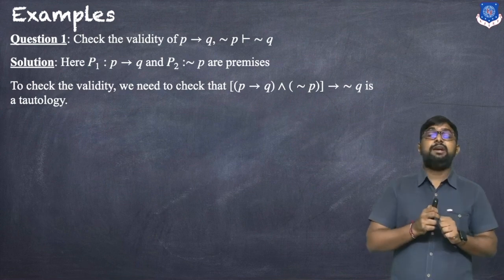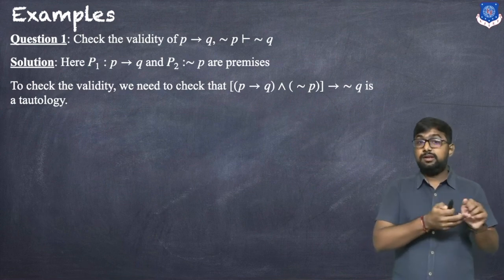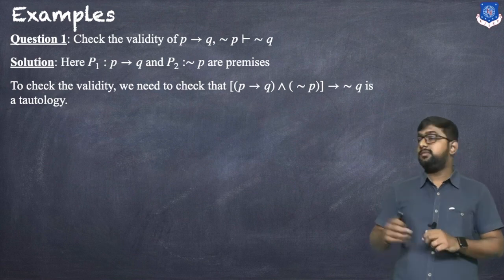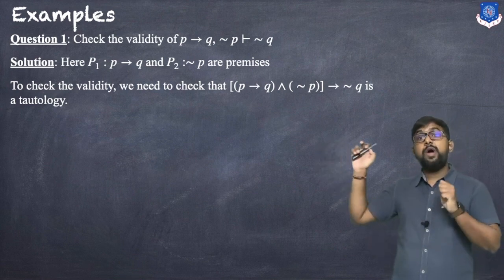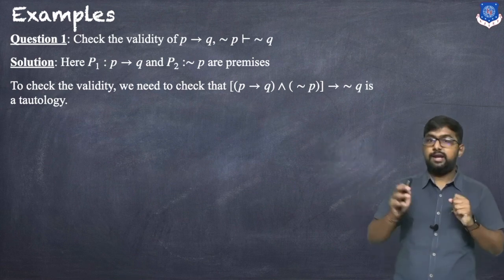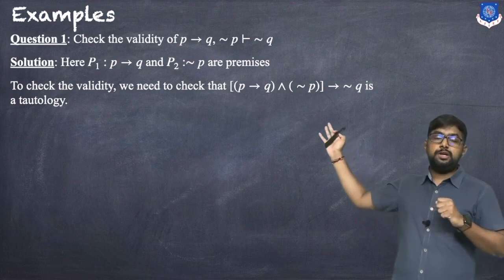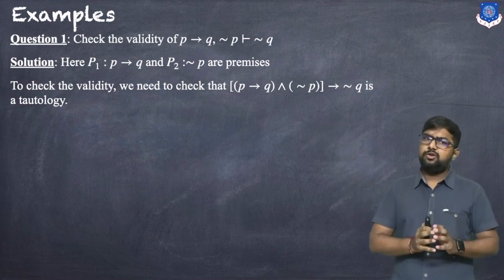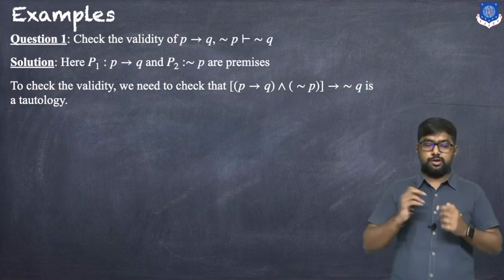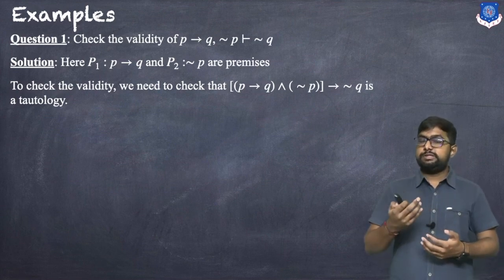Now to check the validity, we use the theorem: P implies Q and not P, and the whole bracket implies not Q, must be a tautology. If it is a tautology, then it is valid, otherwise it is not. So we will construct a truth table.